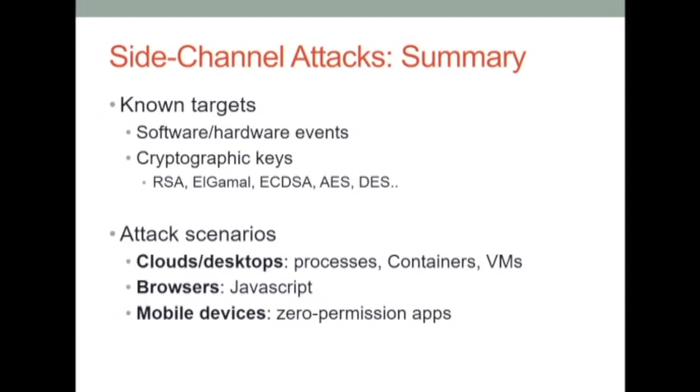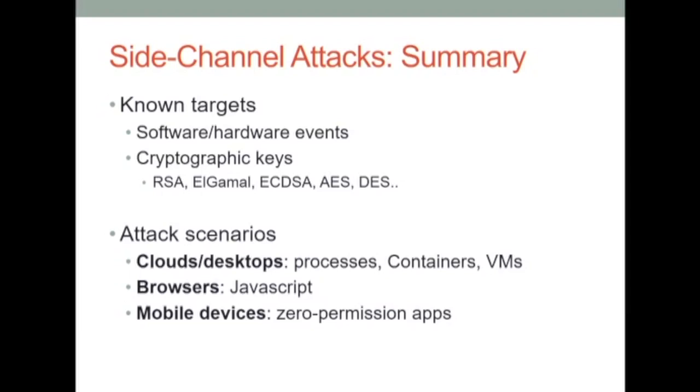And similar attacks have been demonstrated in cloud systems, and there have been cross-process attacks, cross-container attacks, cross-VM attacks. And it has also been shown that using JavaScript, the attacker can conduct a similar cache-based side channel attack, but not Flush+Reload.